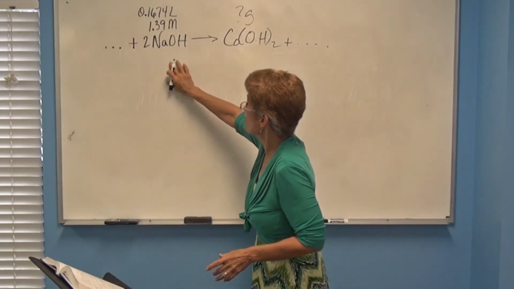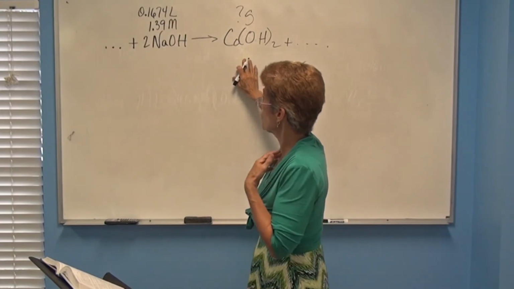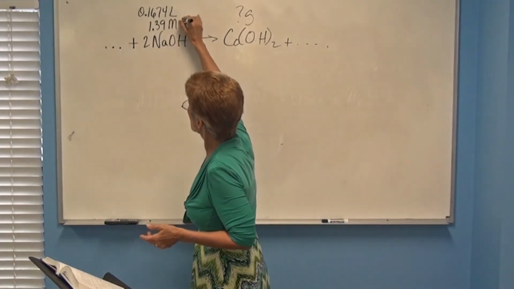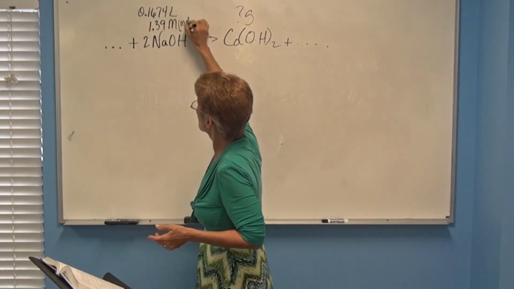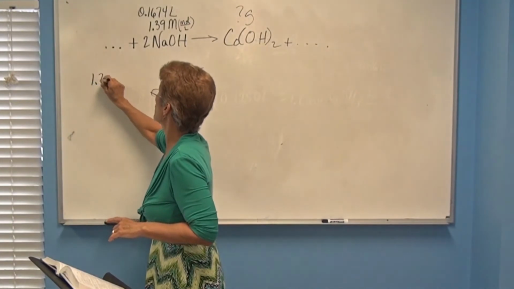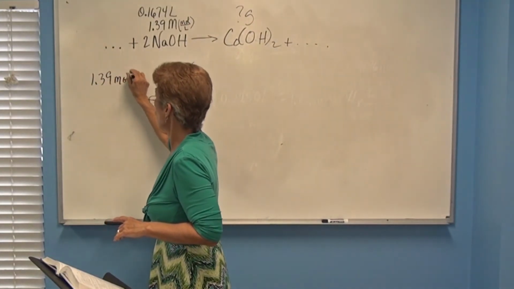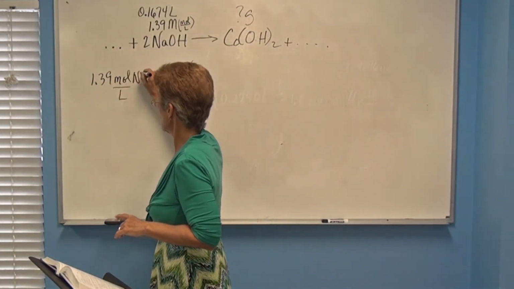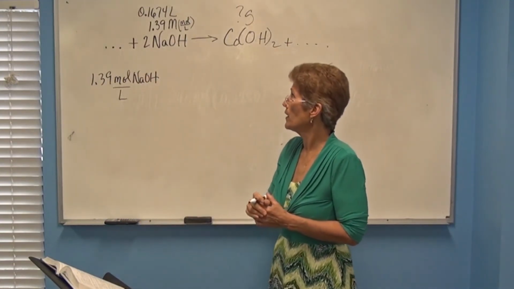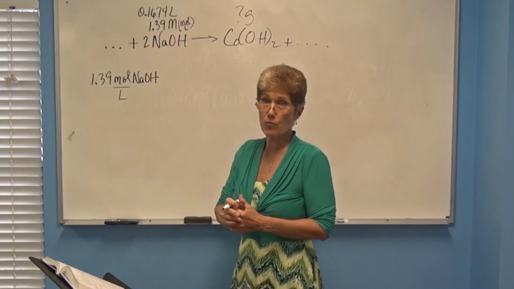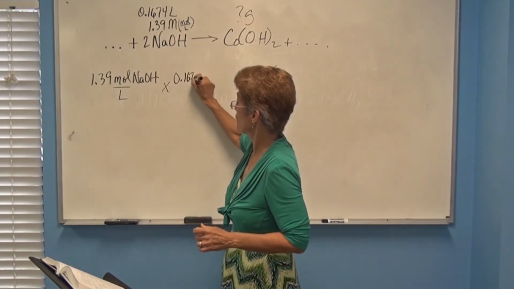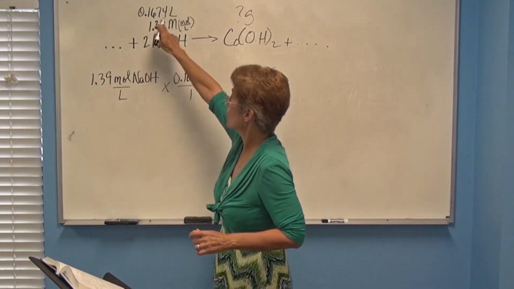So we're going to start where there's no question mark, and drive to where there is a question mark. We know to get from here to here, we have to have moles. Where's the moles hiding? It's hiding right here, isn't it? So let's start there. 1.39 moles per liter of sodium hydroxide. Now we want moles of sodium hydroxide, and we have how many liters are being used. So we are going to multiply this by the number of liters that we're using.